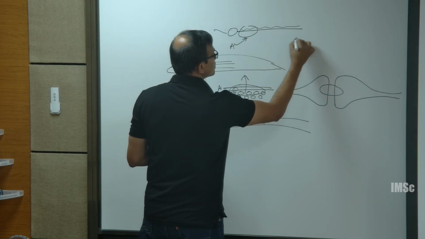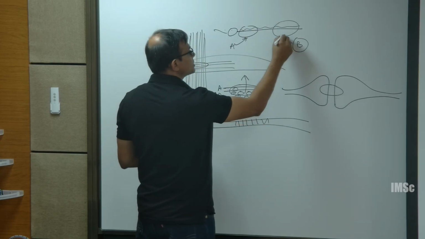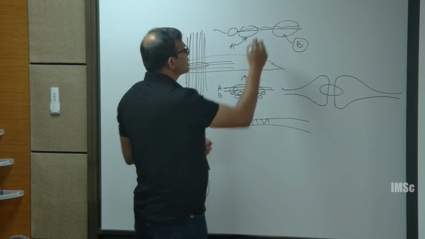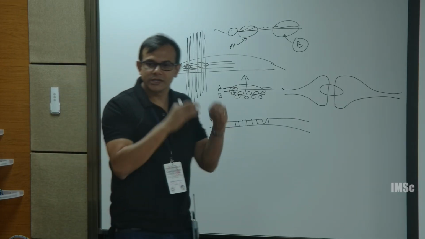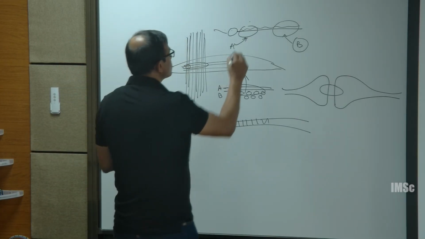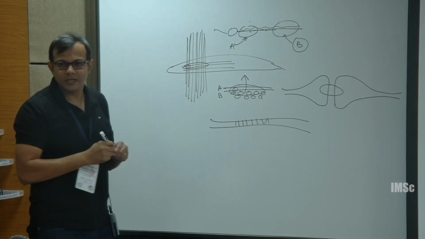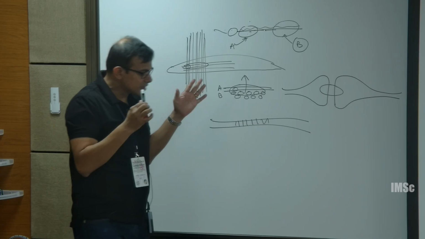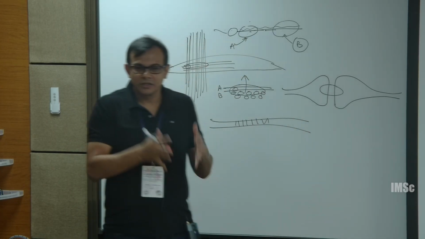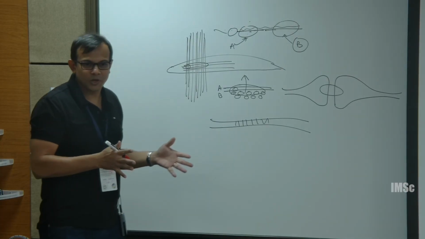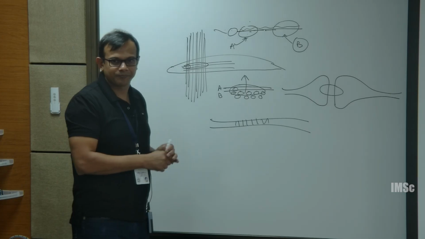At the same time, another stimulus B can activate this part of the neurite, and two computations can happen at the same time using a single neuron, because there is no transmission passing from this place to this place. So it's kind of a misnomer when we say the invertebrate nervous system is simple, because the computation may not be simpler, it's just smaller.